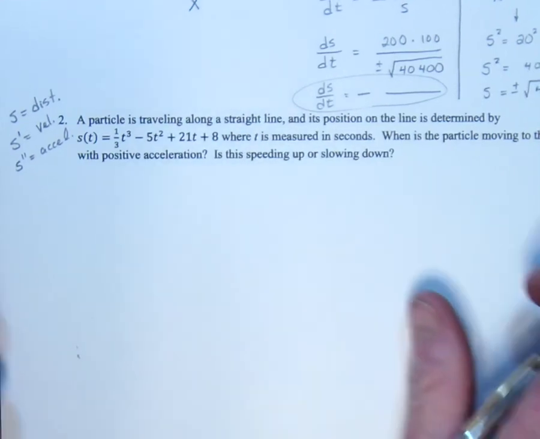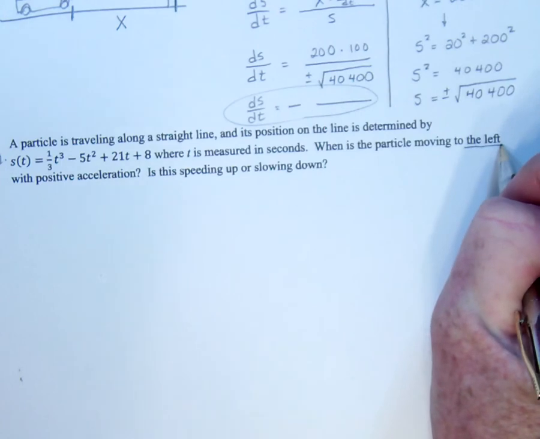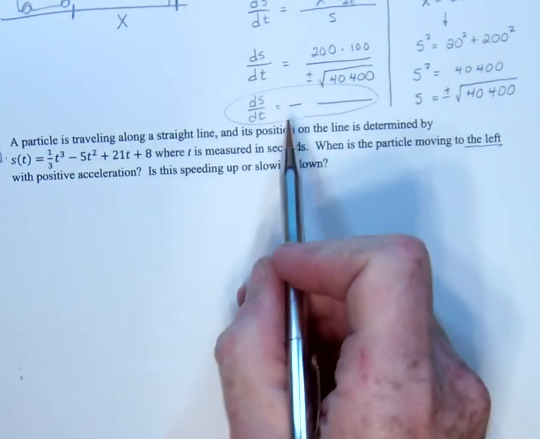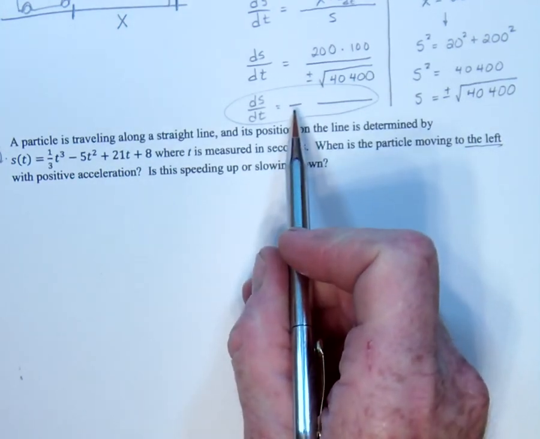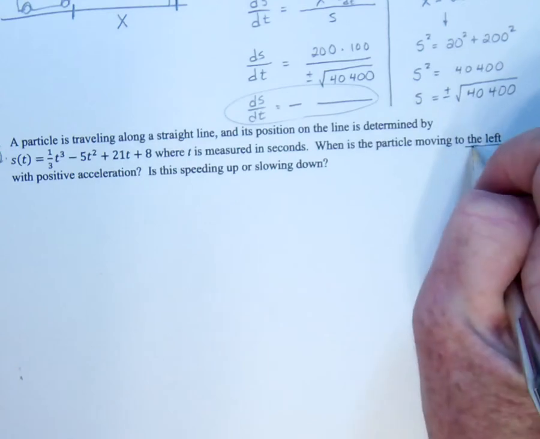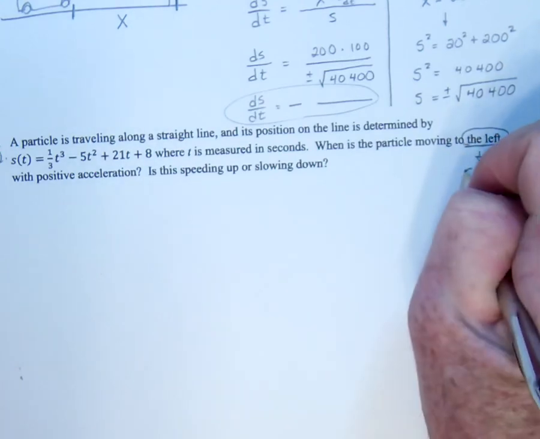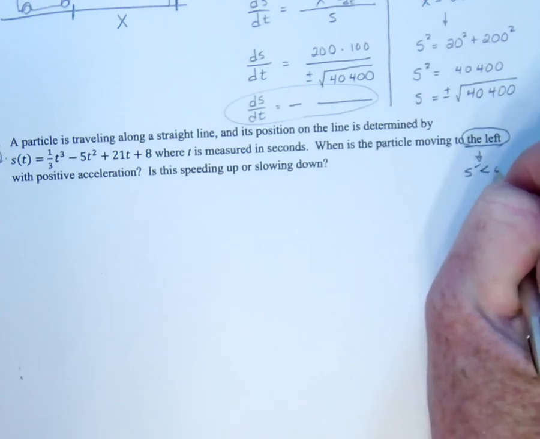Okay, next it's saying, when is the particle moving to the left? So this is the thing I was talking about right up here. If something is getting smaller or going backwards, we say the derivative is negative. So this part right here is saying, when is the derivative negative?